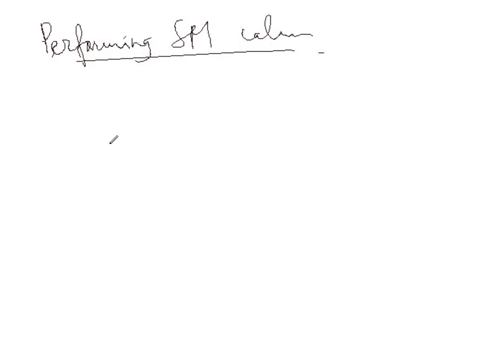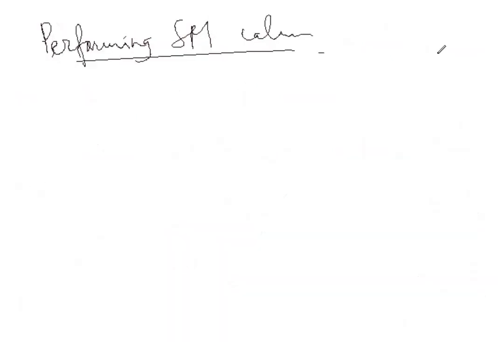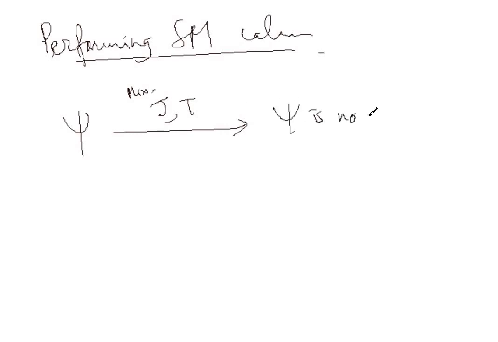So what I am saying is that the inconvenience in construction of this equation is that the function psi here, by mixing well-defined angular momentum J and isospin T, after we mix this, then this psi is no longer an eigenfunction of these operators.